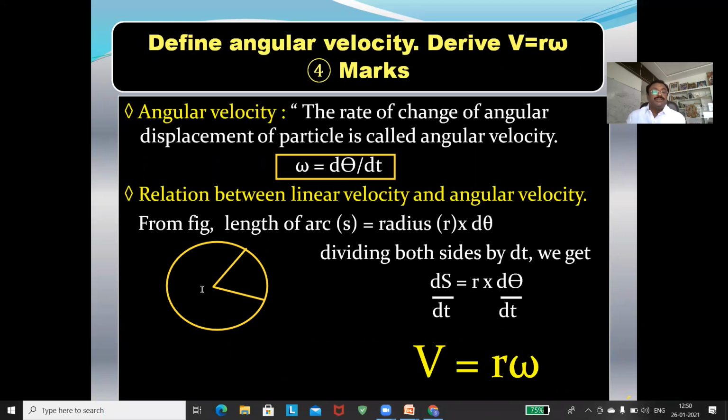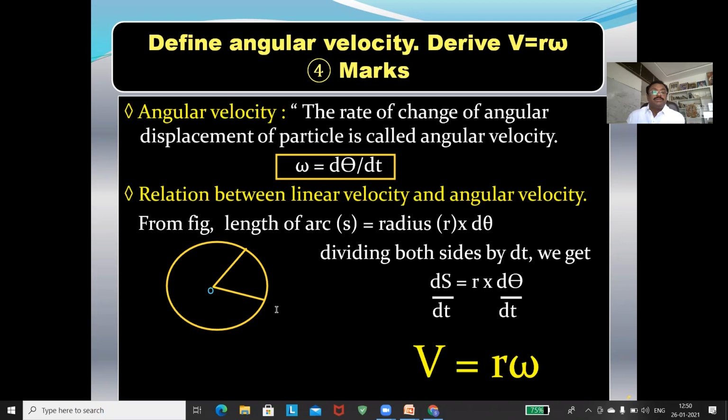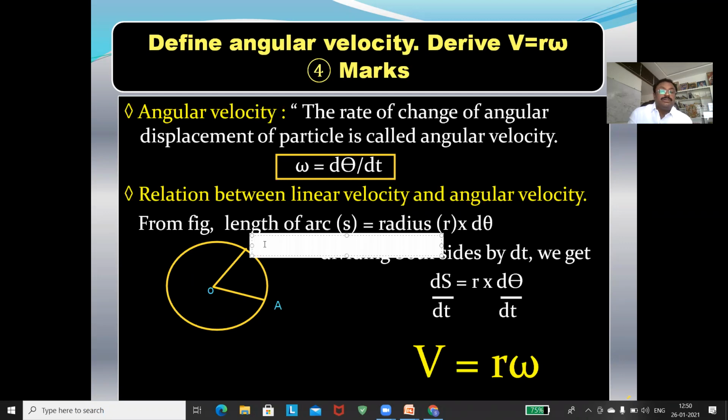This is the center of this circle, let us say O. The particle started on the circle from the point A. After t seconds, the particle reaches the point B on the circumference of this circle.